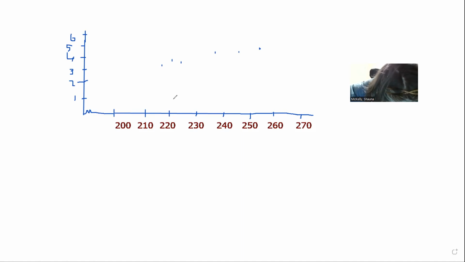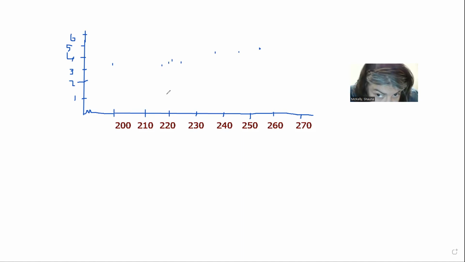Now we have 204.4 and 3.27. So somewhere here. Okay. And then we have 221.7, so somewhere really close to there, and 3.69. So almost 4. So we're right about to here, maybe. Right about there.